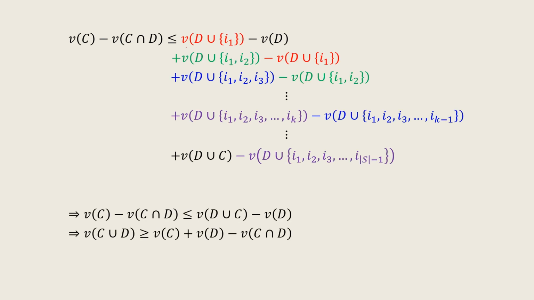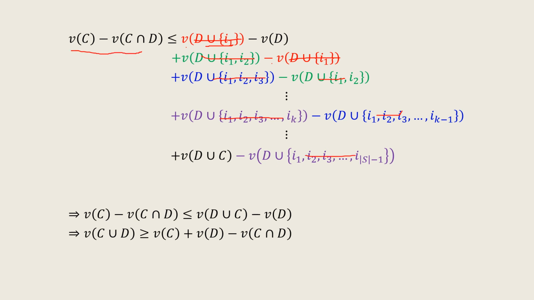See, this is V(D union I1). This is negative V(D union I1). I cancel this. I cancel this and this. Both sides are plus and minus of V(D union I1 I2). Likewise, I cancel everything out. And what I'm left with is this.